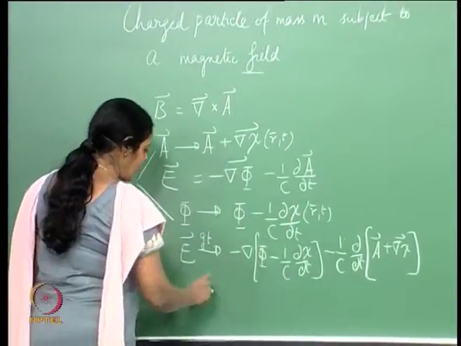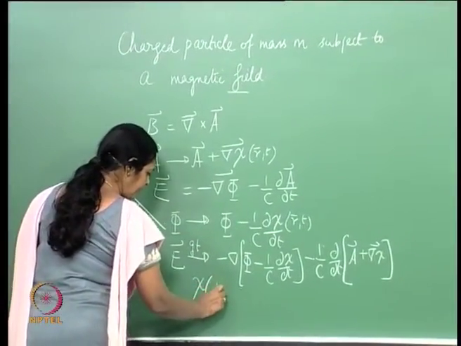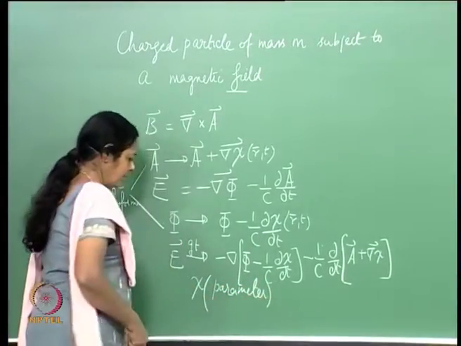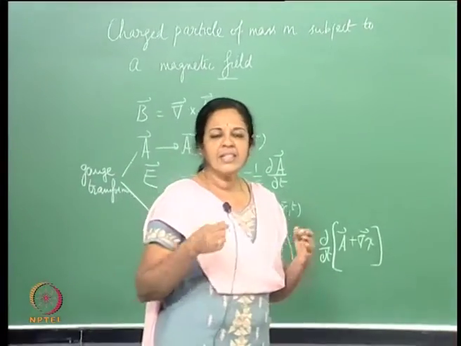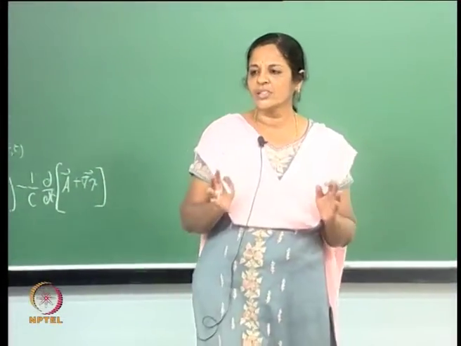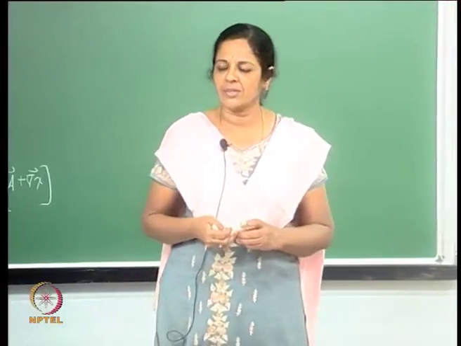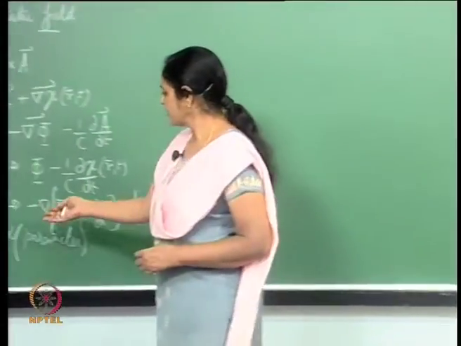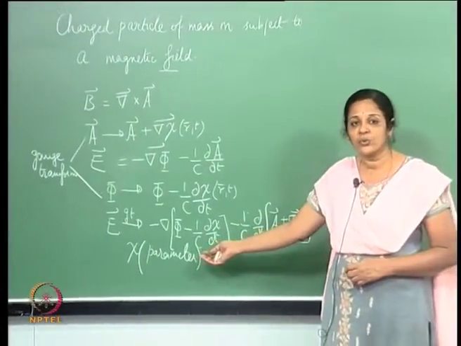Chi is called a gauge parameter, and it is clear that any chi will do the trick. There are no particular conditions that I have used on chi except that it is a scalar, and therefore, I have an infinite choice of chi's that I could use.